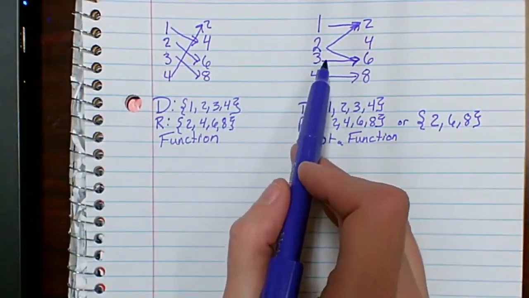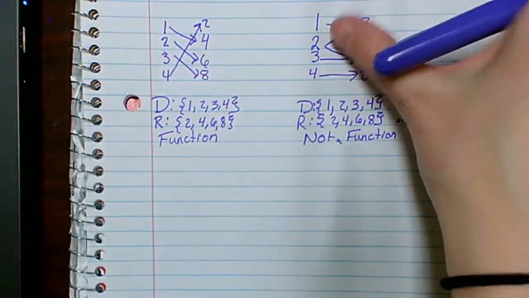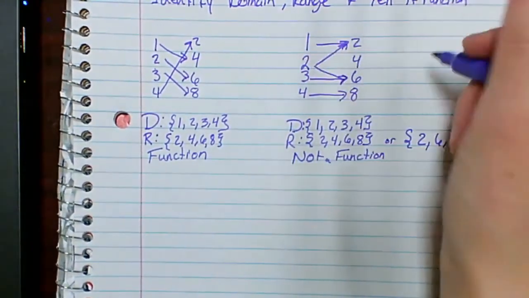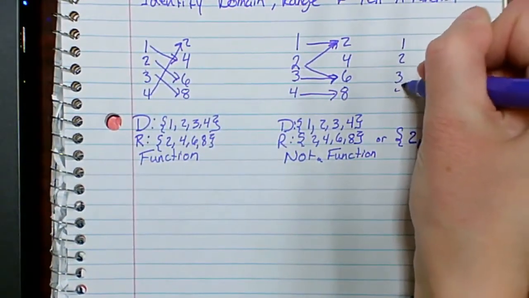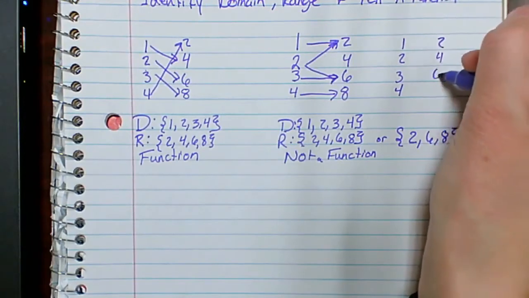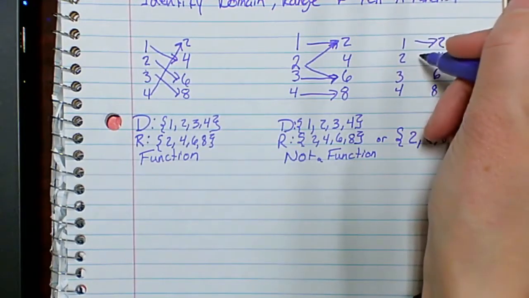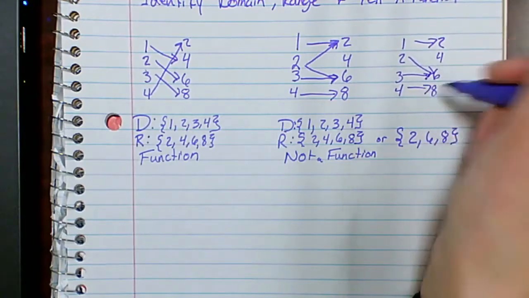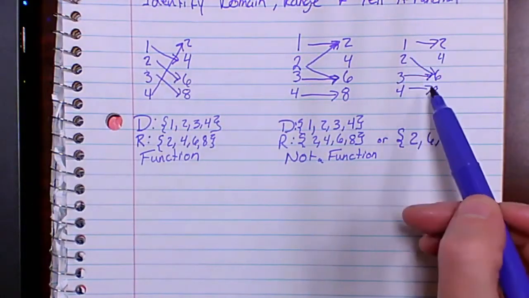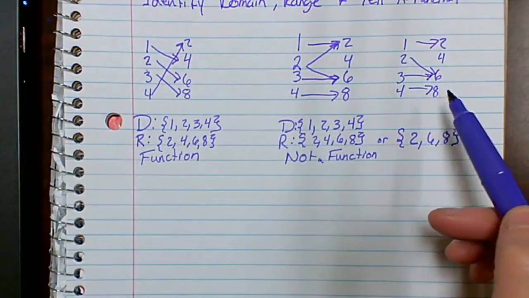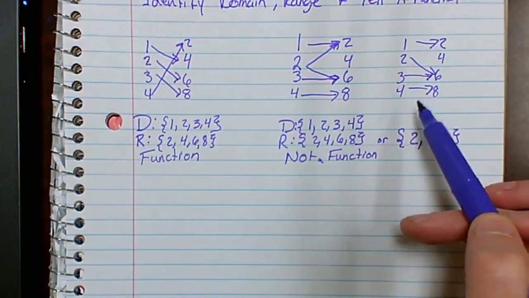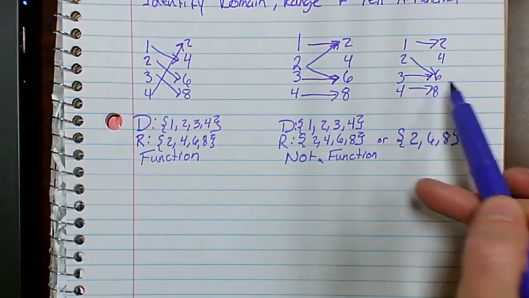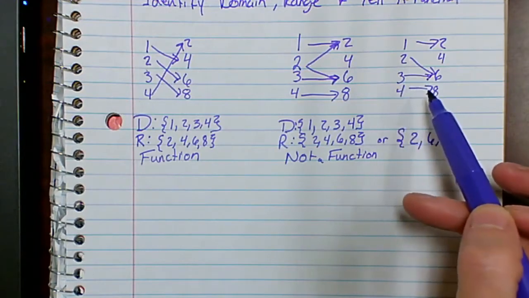And then if the 2 wasn't going to that 2, let's say we have it written like this, just another scenario, where the 2 is only going to the 6 and the 3 is going to the 6, this is a function even though the 2 and the 3 are going to 6.